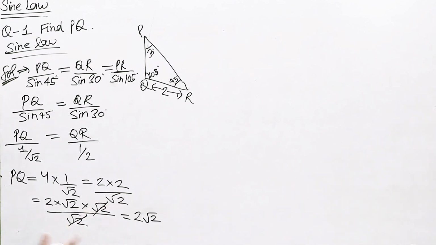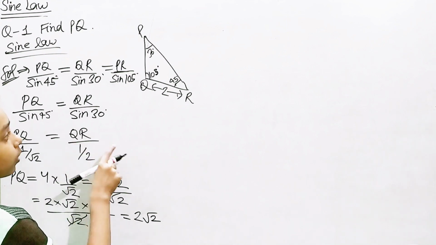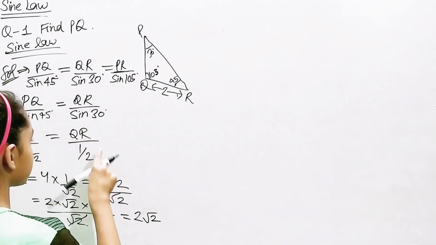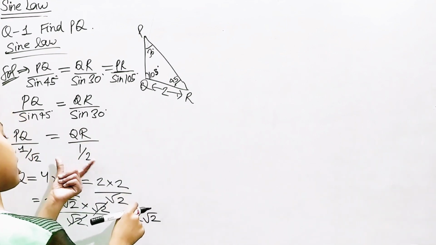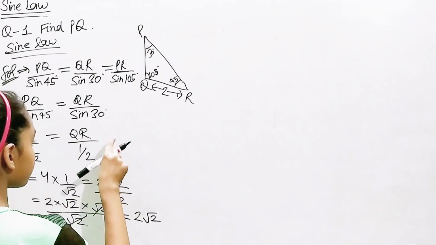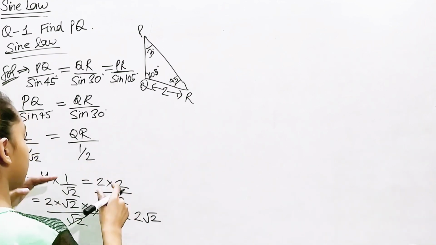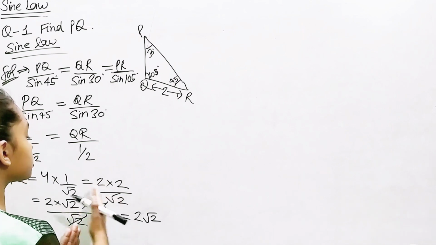For finding the PQ side, I took PQ into 1 by root 2, and QR was 2, so 2 into 2 by root 2, since sine 30 was 1 by 2.